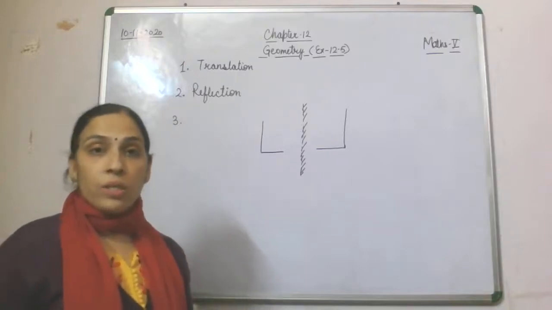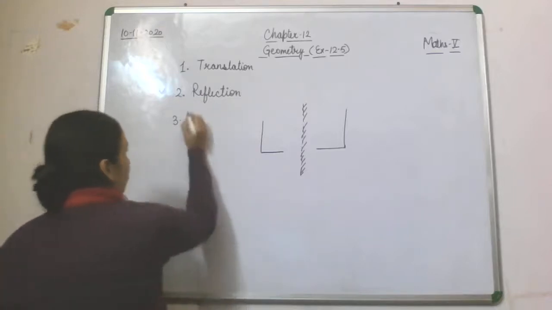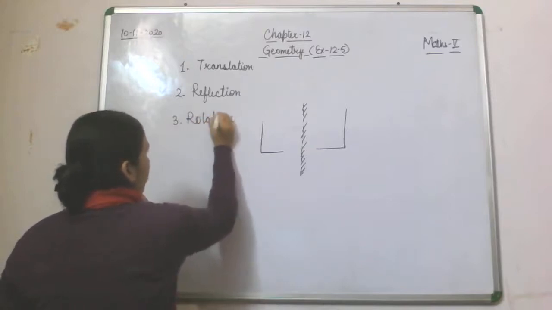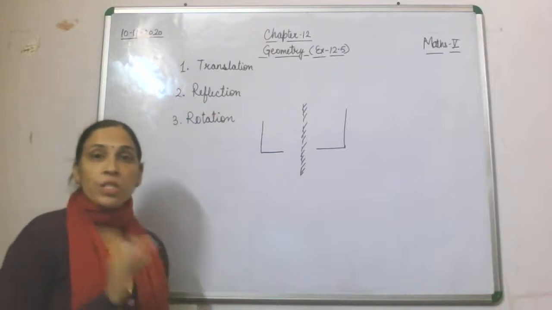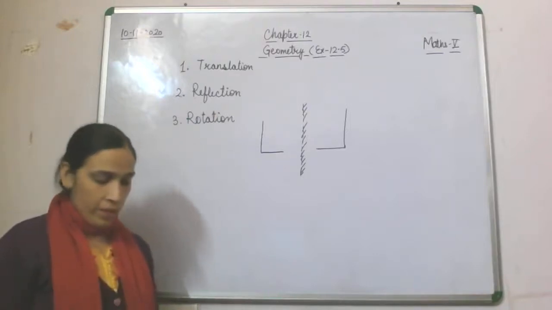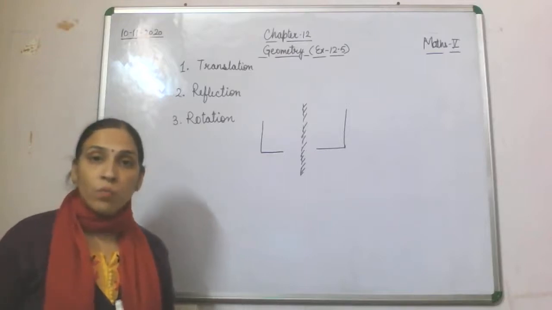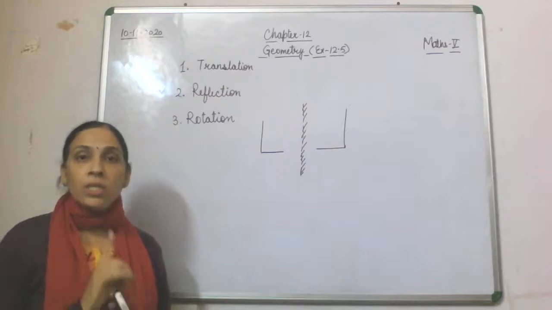Now rotation, the third one which I have told you, that today we are going to learn many concepts. Rotation means you can consider a fan. The fan is showing what kind of movement? That is rotation.